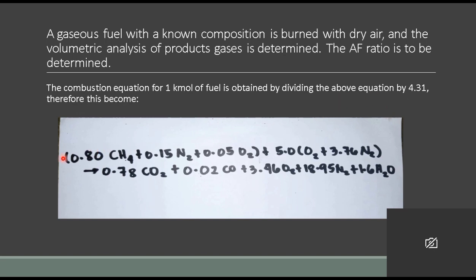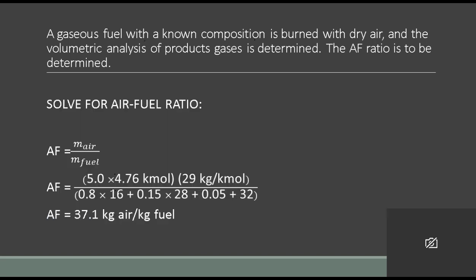Then we get 0.80 CH4 plus 0.15 N2 plus 0.05 O2 plus 5 quantity O2 plus 3.76 N2, and its product becomes 0.78 CO2 plus 0.02 CO plus 3.46 O2 plus 18.92 N2 plus 1.6 H2O.